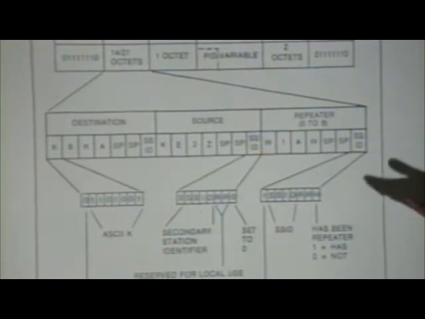So when the node sends this information out, it puts it at -15, and my TNC says, well, I'm at -0, so I'm going to ignore what's going out. It's that kind of thing. We're going to get into that detail later on. This is the type of thing we're going to cover when we talk about how to use the network and how the network works. The term SSID: secondary station identification.